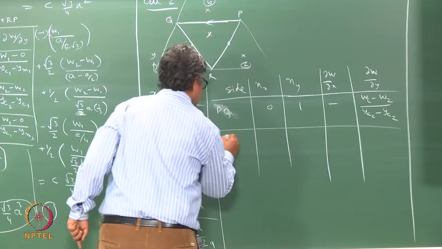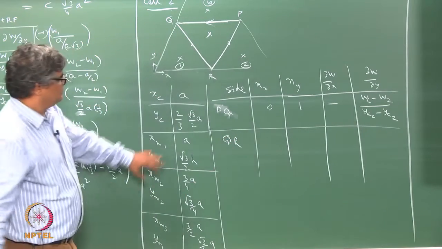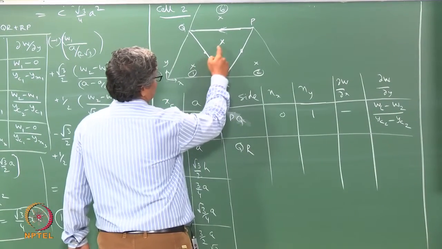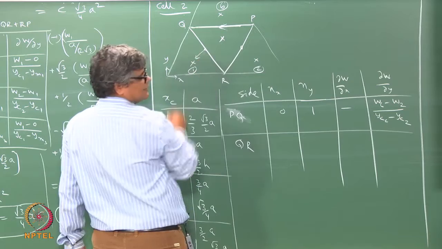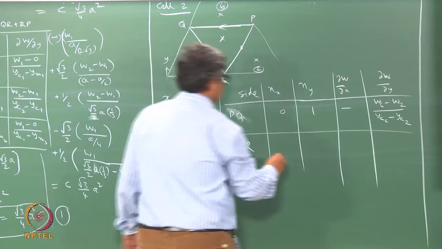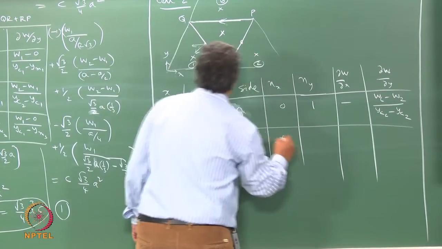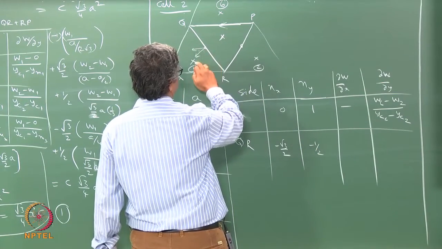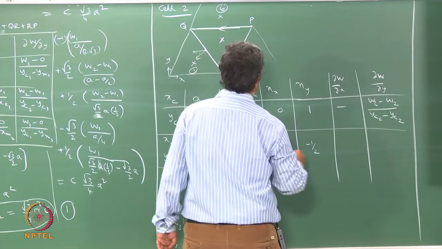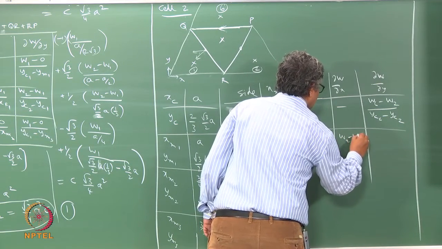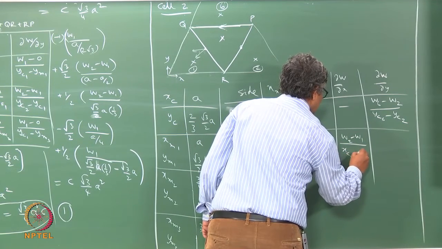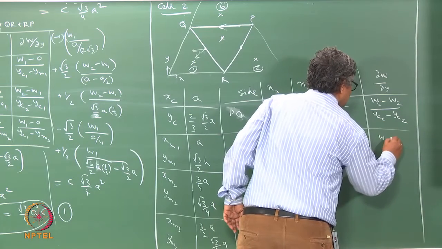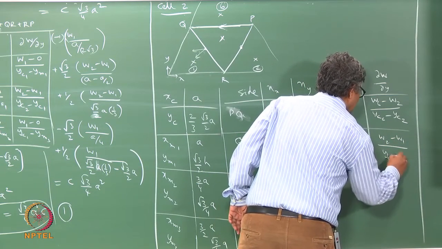For the side QR, okay, please note that this QR is for this cell. So, for this QR we have this n. So, nx is minus square root of 3/2 and ny is minus half, and dou w by dou x is this minus this divided by this horizontal distance. So, that is w2 minus w1 divided by xc2 minus xc1, and dou w by dou y is w2 minus w1 divided by yc2 minus yc1.